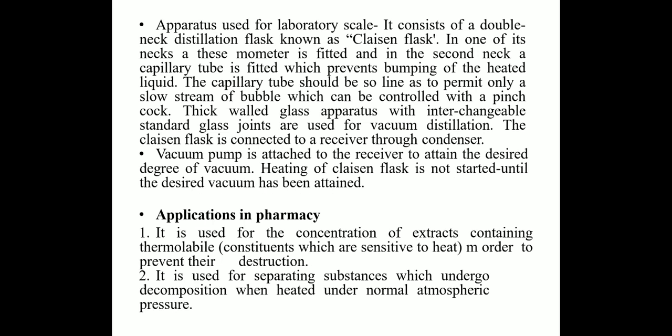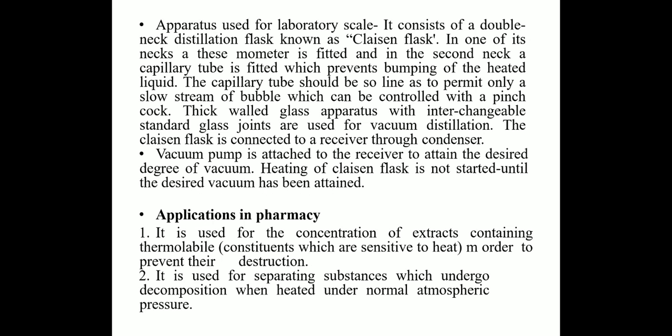The capillary tube should be so lined as to permit only a slow stream of bubbles which can be controlled with a pinch cork. Thick wall glass apparatus with interchangeable standard glass joints is used for vacuum distillation.